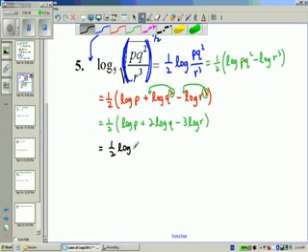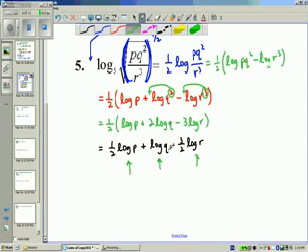So 1/2 log P plus log Q minus 3/2 log R. Notice we got it down to just a log P, a log Q, and a log R, maybe some coefficients in front.